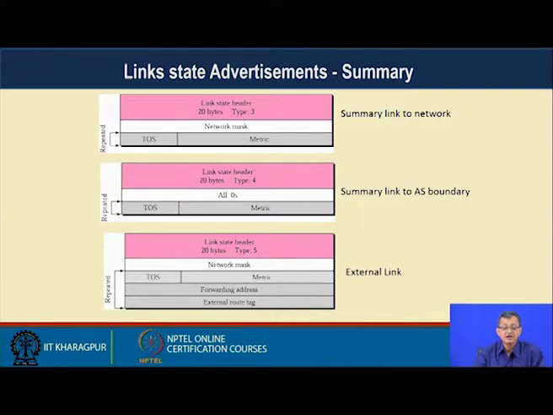Similarly, we have the link state advertisement or LSA summary, the packet formats: the summary link to network format, summary link to AS boundary, and external link format. So, these are defined formats.